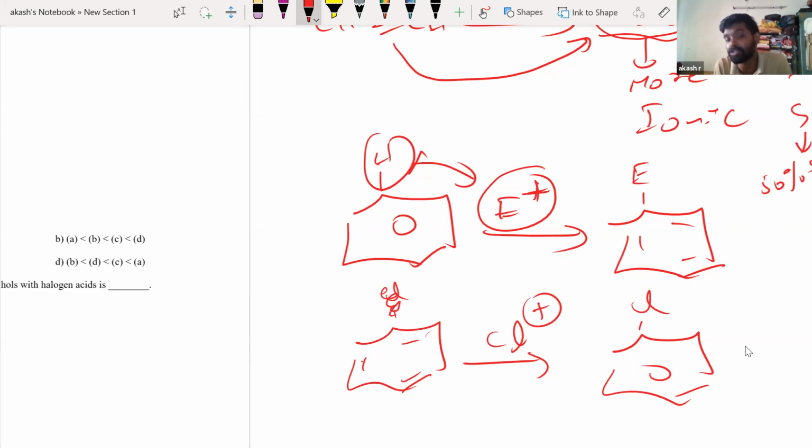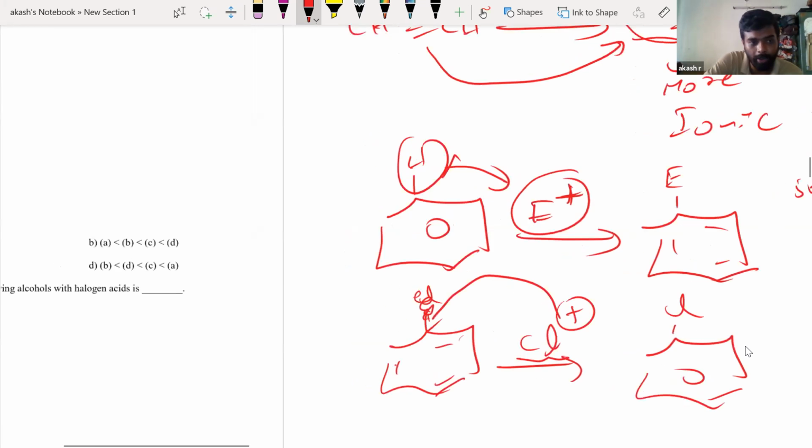Remember, benzene cannot accept a nucleophile, again due to the resonance structures. It can accept only an electrophile that is having a positive charge. So somehow you have to produce the Cl plus, and this Cl plus will attack.